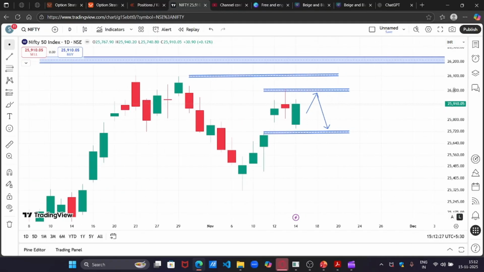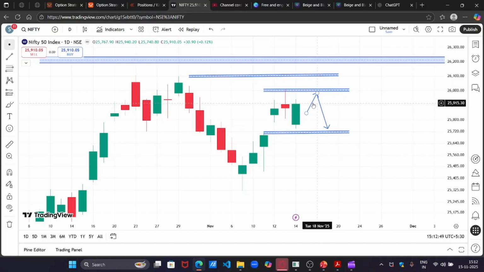You can see here 26,000 is the strike price, which is the current resistance level, and then we have the next resistance level around 26,100. My view is downwards. You could have a different view. You can have a view of upwards, but at this point my view is downwards.